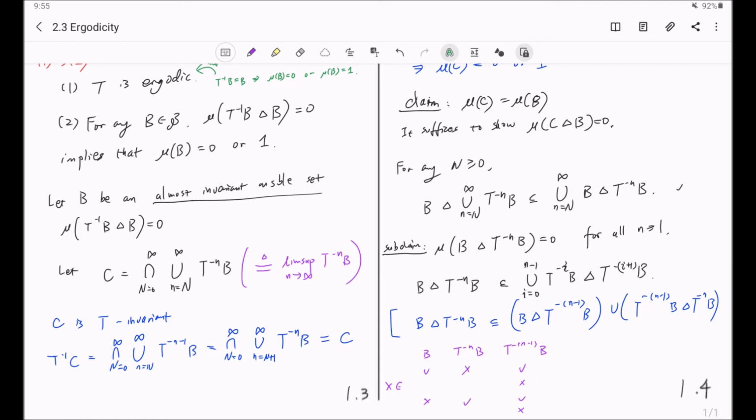In the second case, x will fall into here because it is in B but not in T negative n minus 1 B. In the third case, it will fall into this set because it is in T negative n minus 1 B but not in B. In the fourth case, x will fall into here because it is in T negative n B but not in T negative n minus 1 B. So we just check those 4 cases and thus verified this containment.